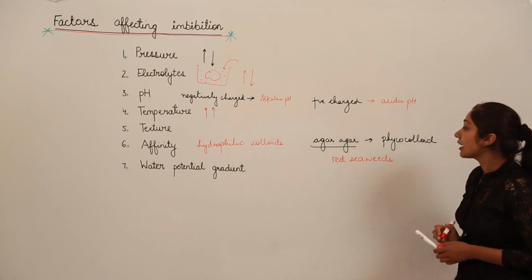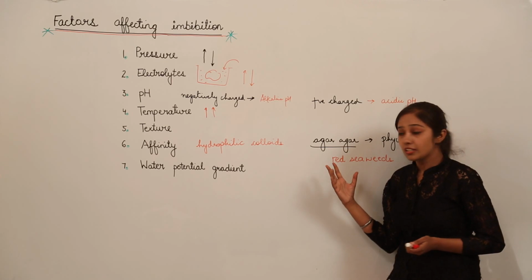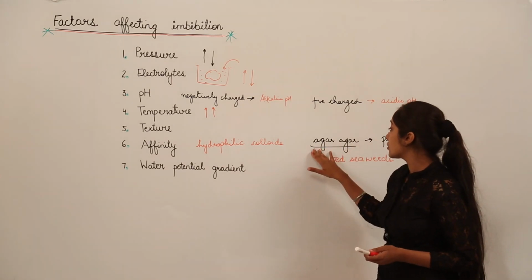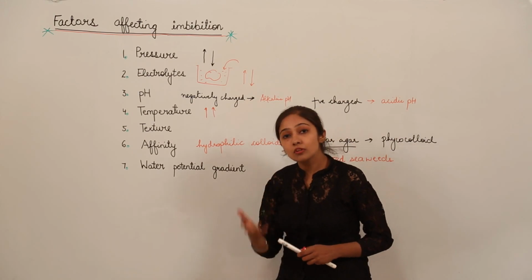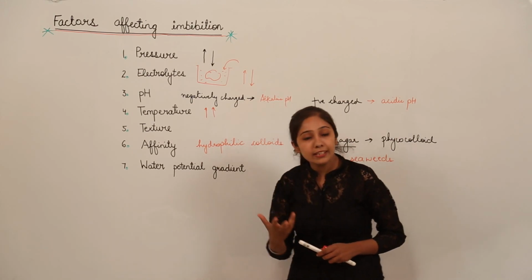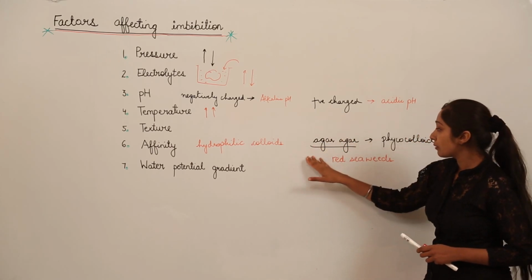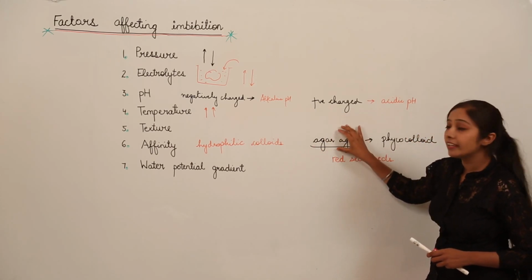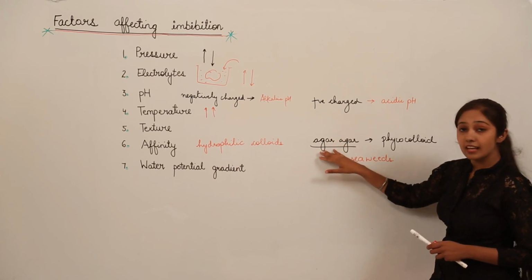This agar-agar has enormous use in microbiology as it is a gelling agent. When we perform experiments in microbiology, when we isolate bacteria or some other organisms, agar-agar is the gelling agent which is used. Now how is it acting as a gelling agent?